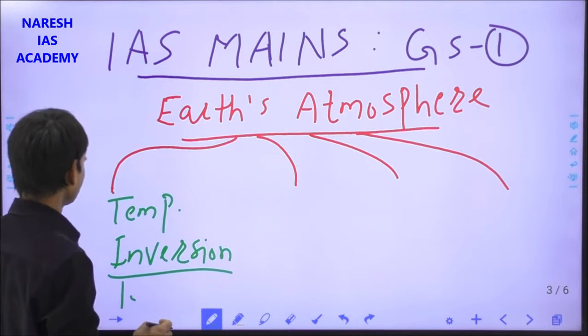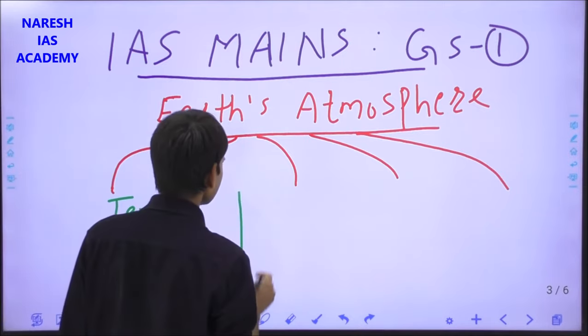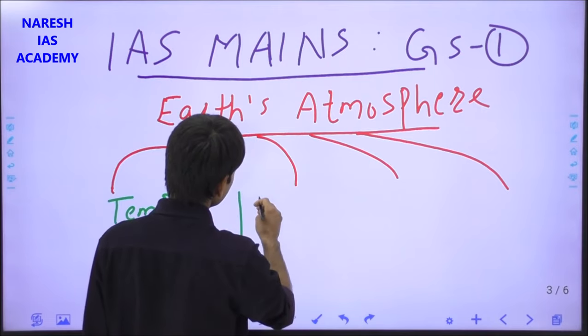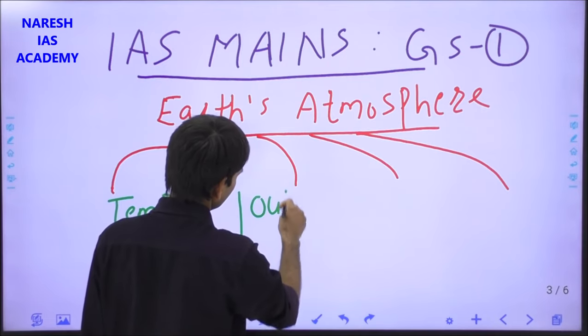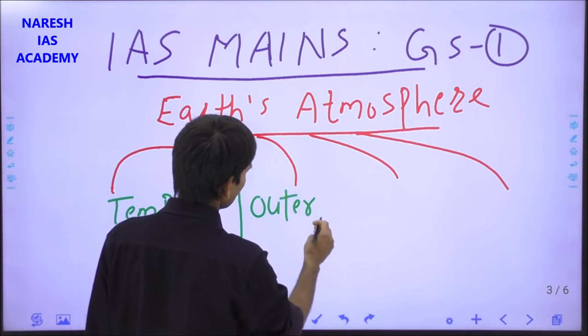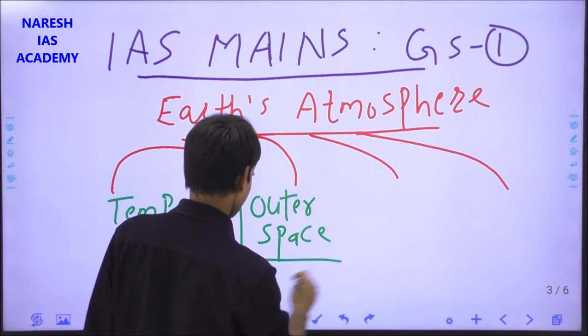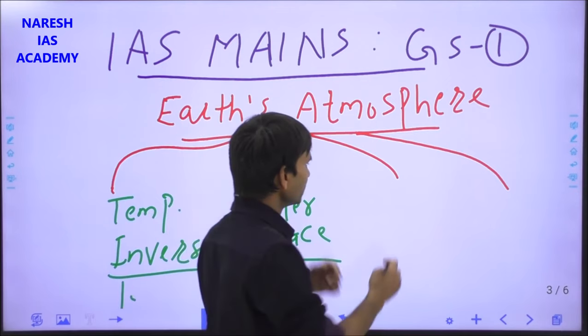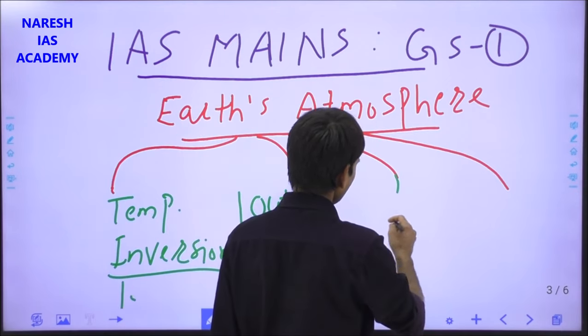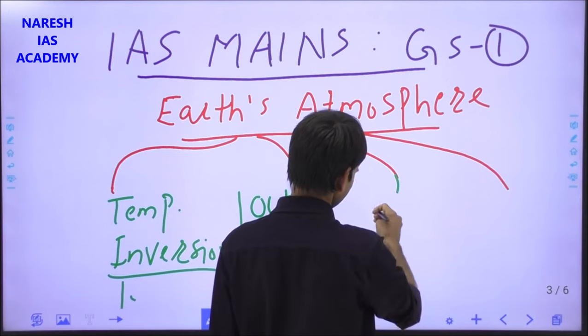Important aspect. Second is the concept of outer space. Third is anthropogenic impact.